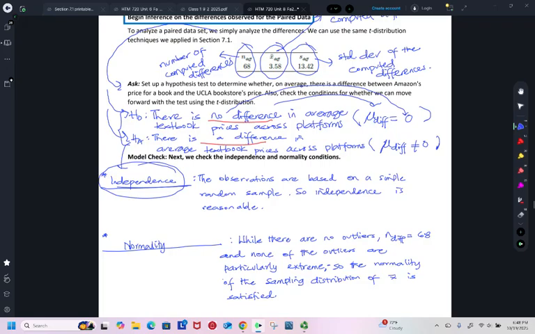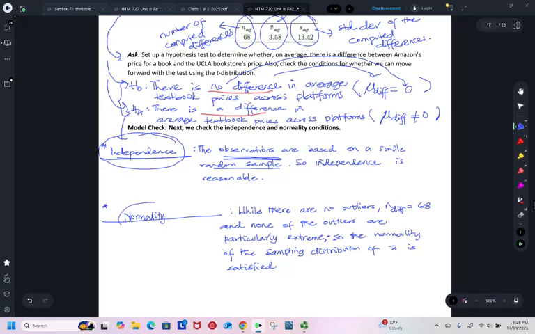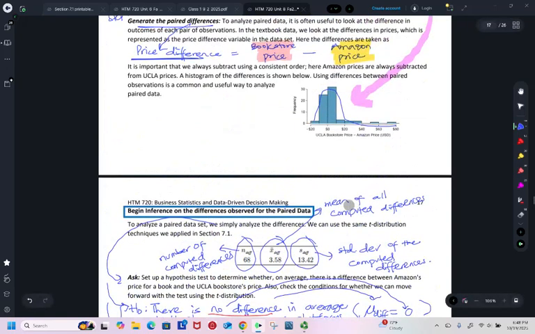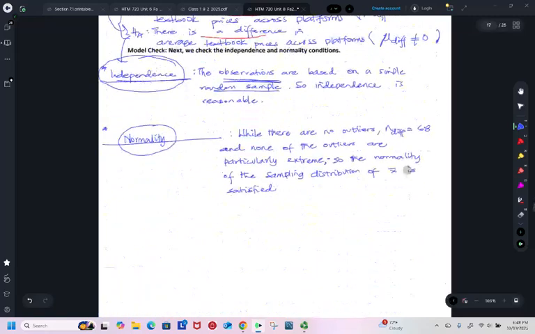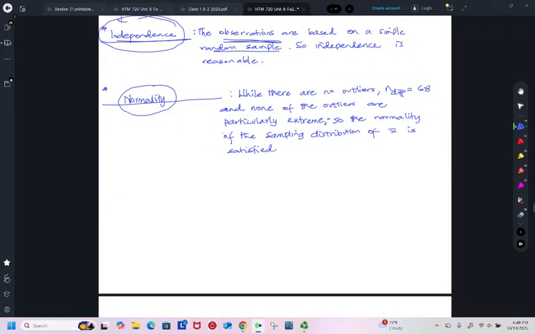Independence is guaranteed by choosing observations using a simple random sample, and for normality, as long as the differences don't have an extremely large value or an extremely low value away from the cluster of most of the data values, we can say that the assumption of normality is reasonable.